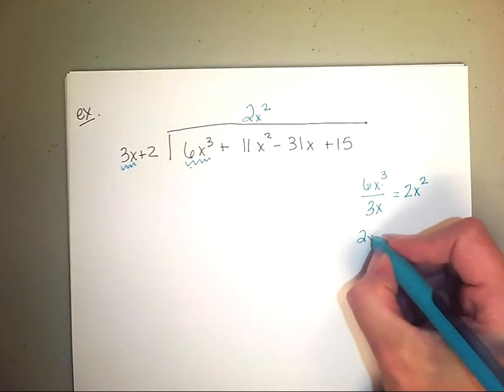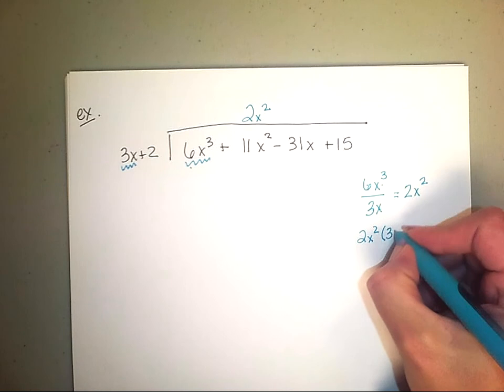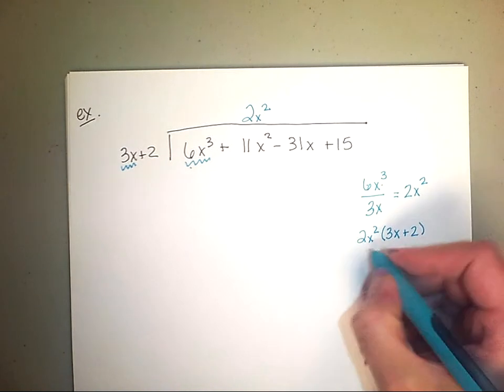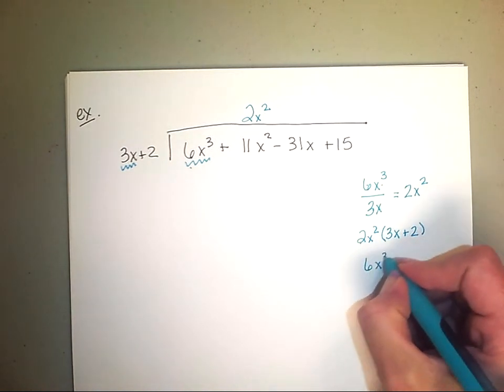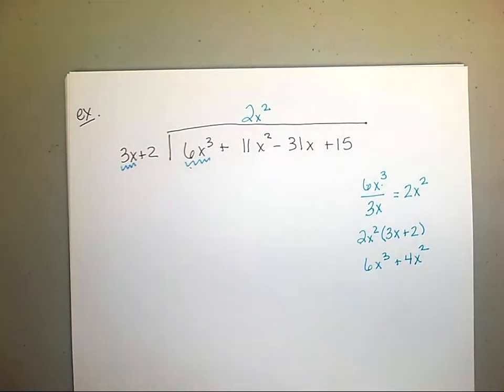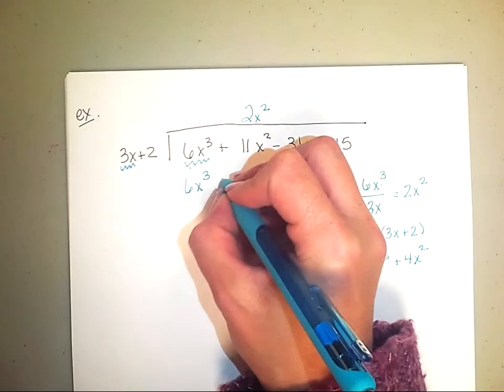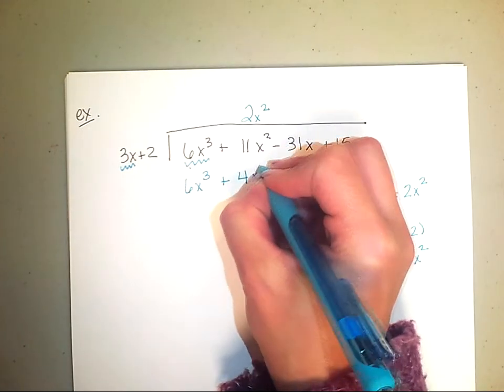Now 2x squared has to be multiplied by 3x plus 2 to get 6x cubed plus 4x squared.